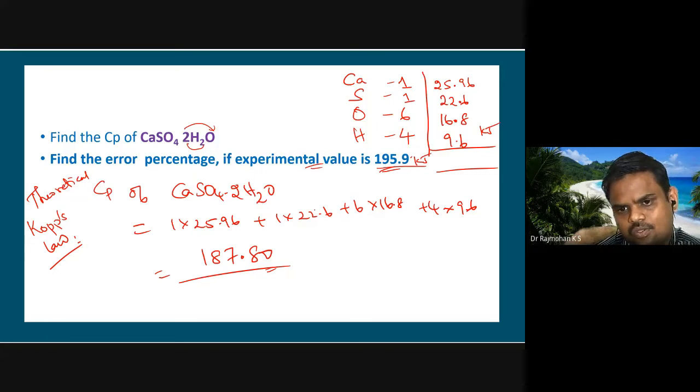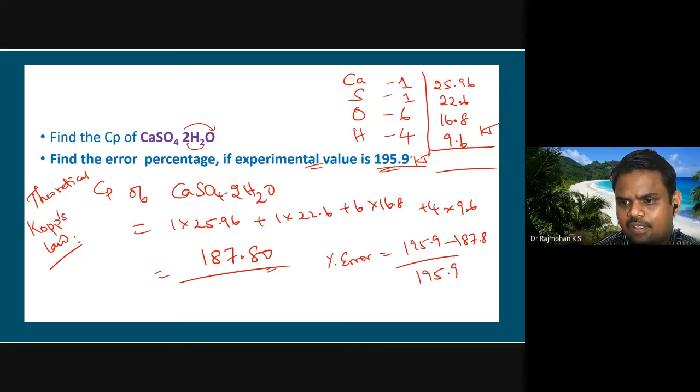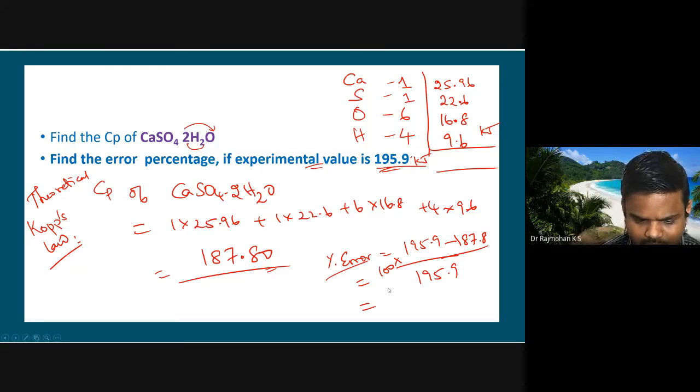So what is the percentage error? The actual value is 195.9. So 195.9 minus 187.8, divided by 195.9, into 100 gives us the percentage error. Use the calculator: 195.9 minus 187.8 divided by 195.9.